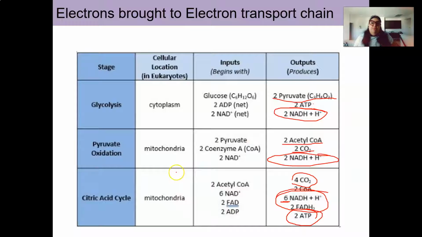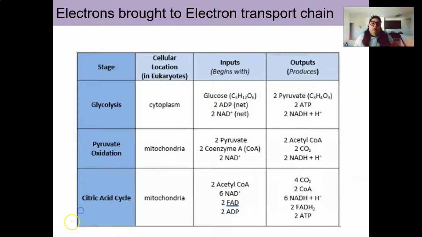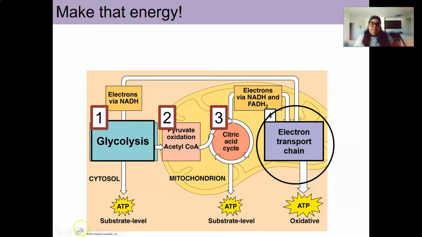So this is a good summary to quiz you on what came out. But really, now we're going to take all of these electron carriers and move them into our final phase, the electron transport chain. And that's where we're going to make our most energy, make our ATP.